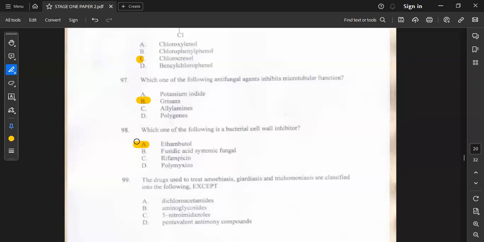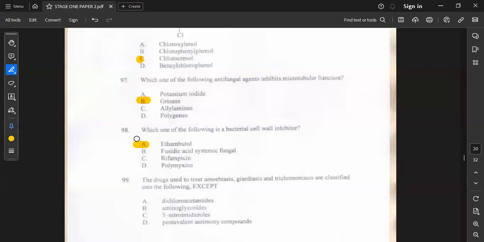It also produces free radicals, so it damages the bacteria. And another mechanism is that it has these nicotinyl isomers, which inhibit dihydrofolate reductase.